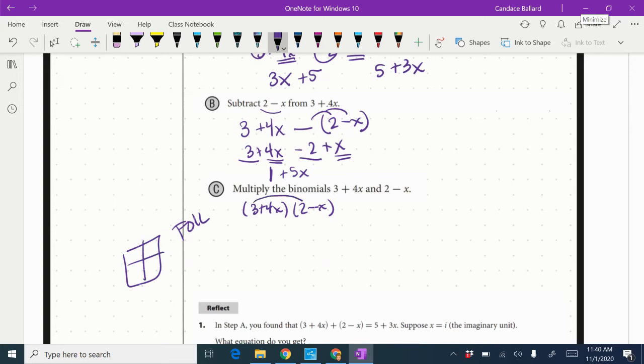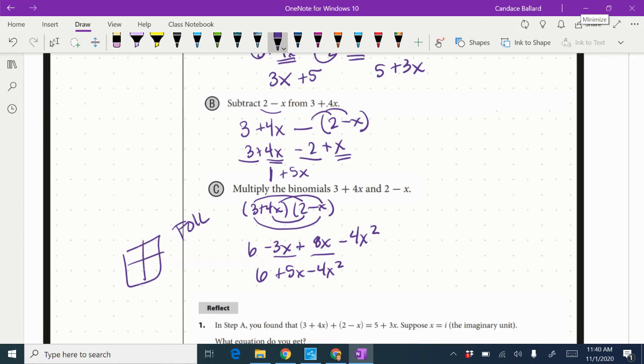So 3 times 2 is 6. 3 times negative x is negative 3x. 4x times 2 would be 8x, and 4x times negative x is negative 4x squared. And then I would want to combine like terms in the middle, so you get 6 plus 5x minus 4x squared.